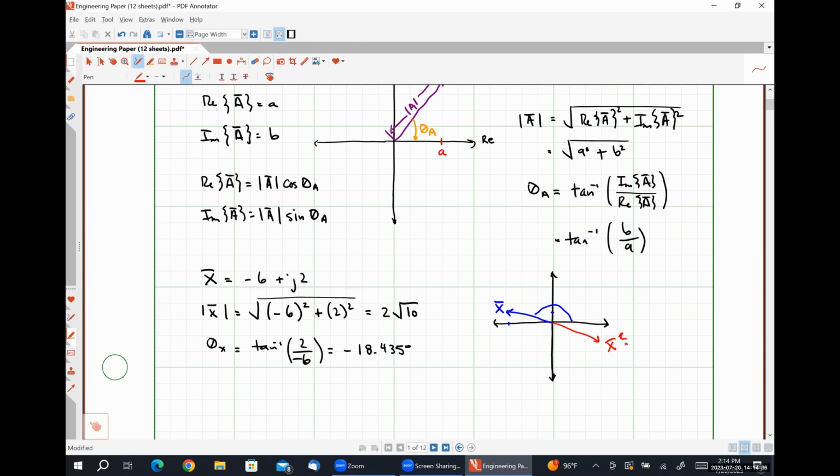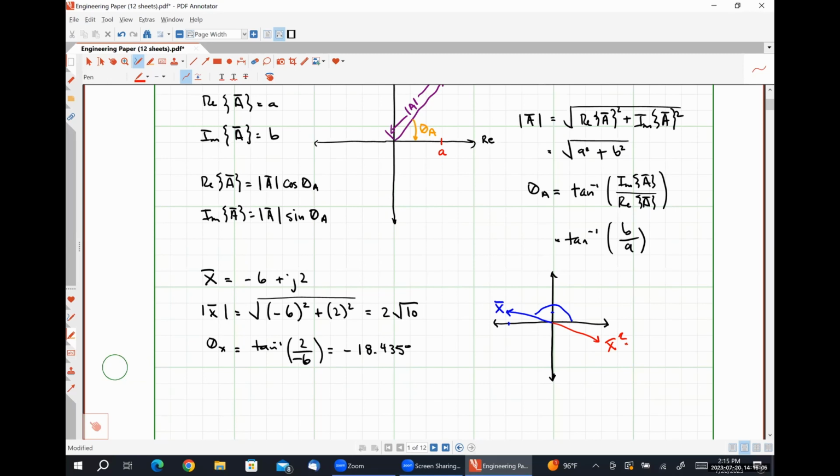So the issue is that the inverse tangent operation on your calculator literally cannot tell the difference between the inverse tangent of -2 over +6 and +2 over -6. In fact, the inverse tangent operation will always give you a result that is in the first quadrant, the upper right-hand corner, or the fourth quadrant, the lower right-hand corner.